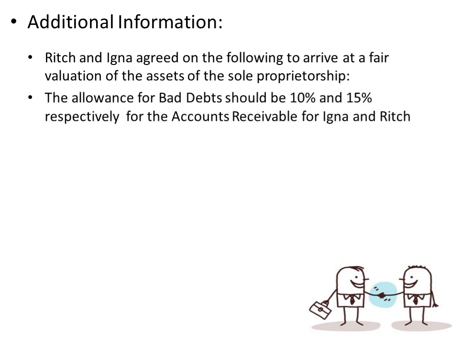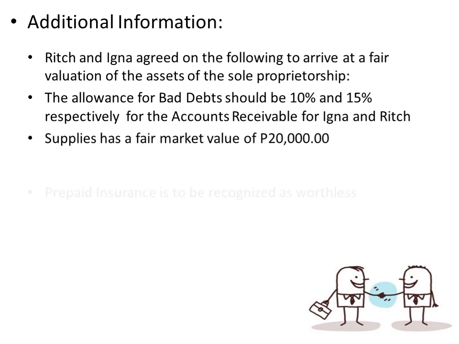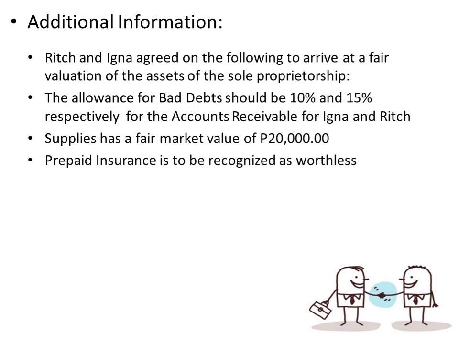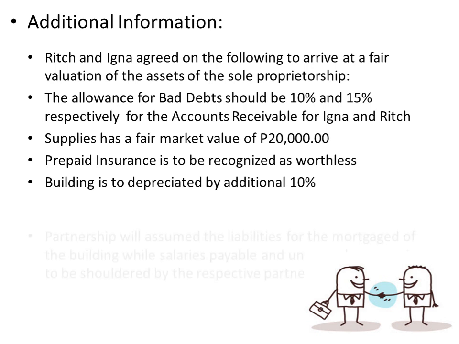Allowance for bad debts should be 10% and 15% respectively of accounts receivable for Igna and Rich. Supplies have a fair value of 20,000, and prepaid insurance is to be recognized as worthless. Building is depreciated by an additional 10%. Take note, it's an additional 10%, not 'should be'. You should be careful with that because those two have different effects.